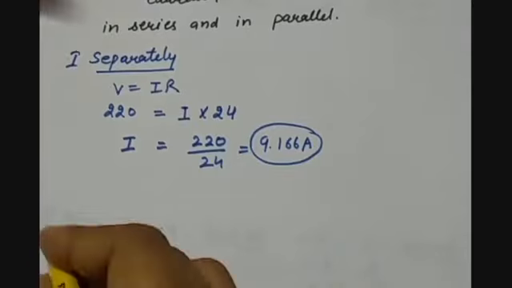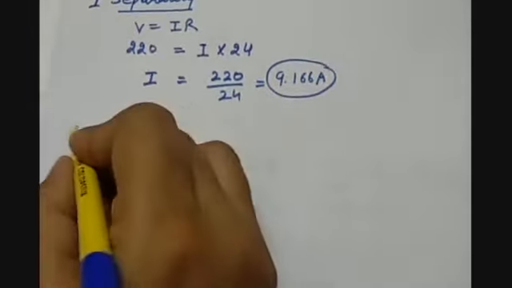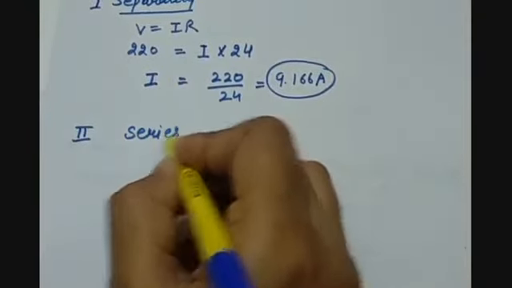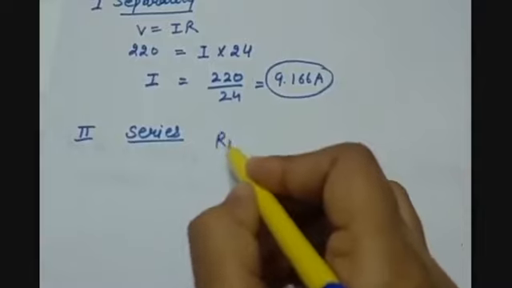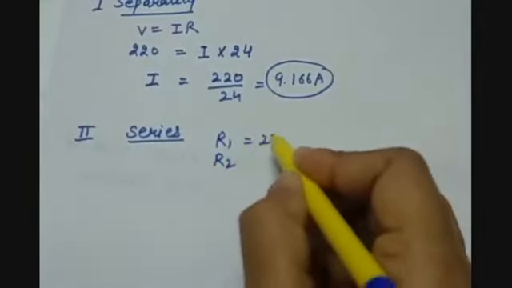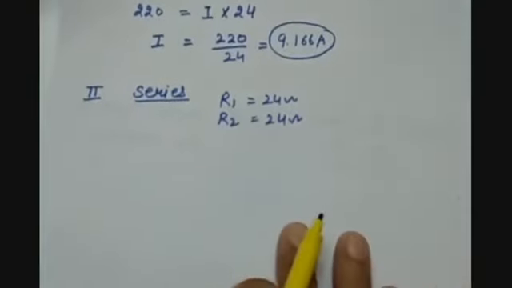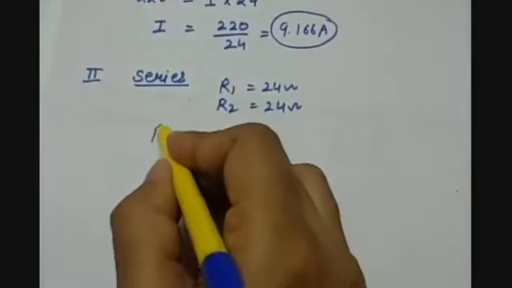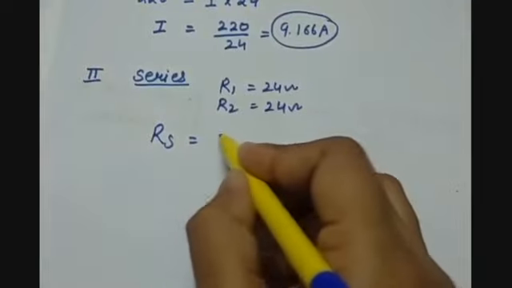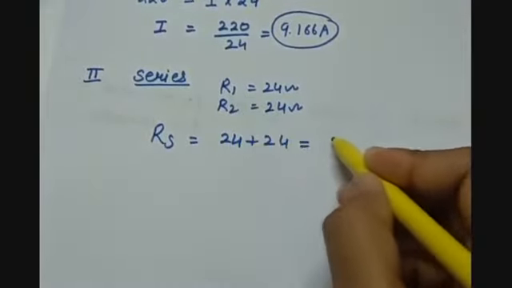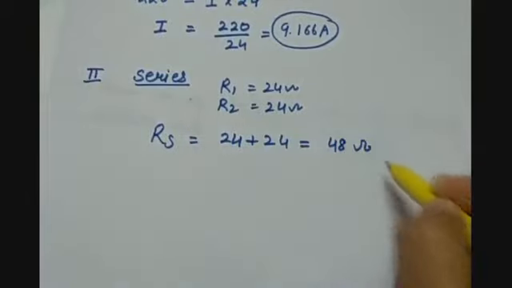Now the second case is when they are used in series combination. So we have R1, R2 as 24 ohms each, and in series combination we have to find out the equivalent resistance first. So RS will be R1 plus R2, that is 24 plus 24 gives out a value 48 ohms.